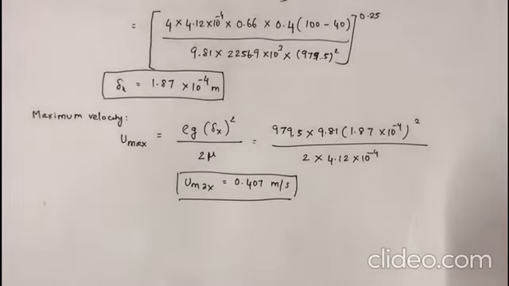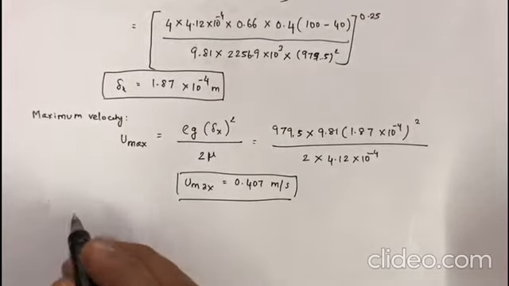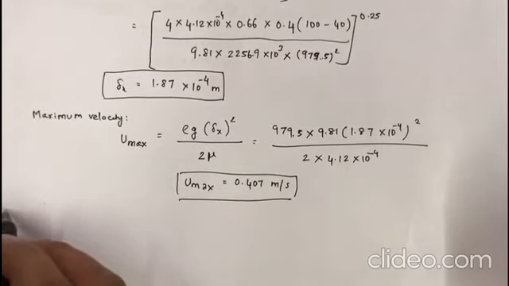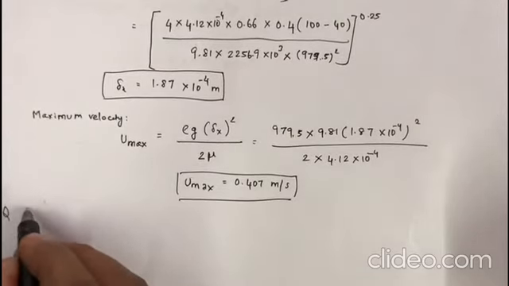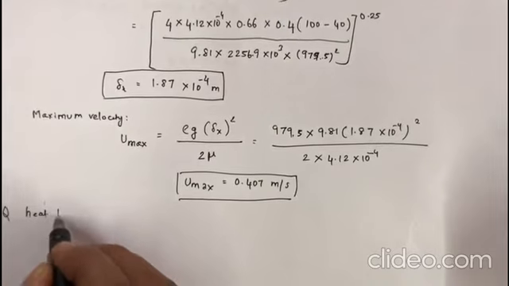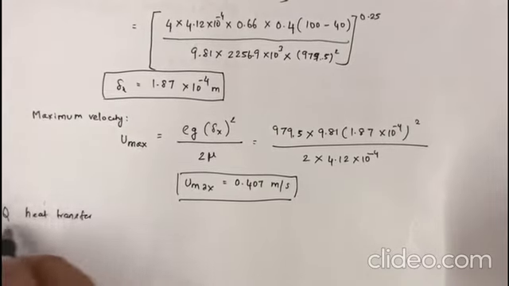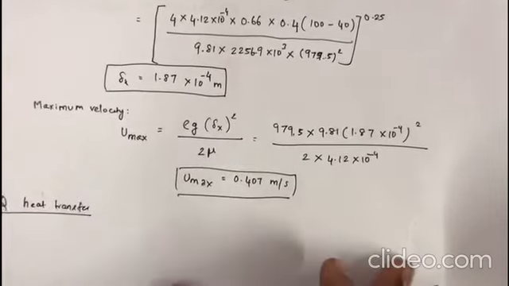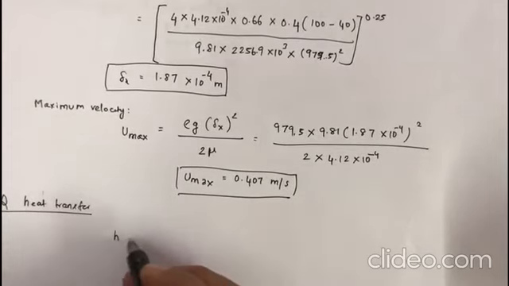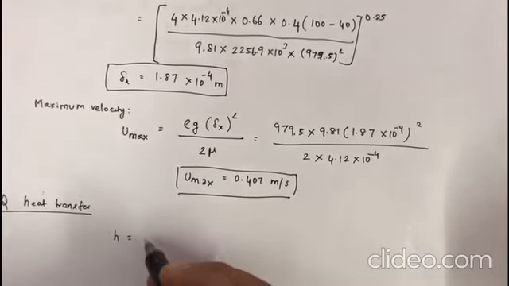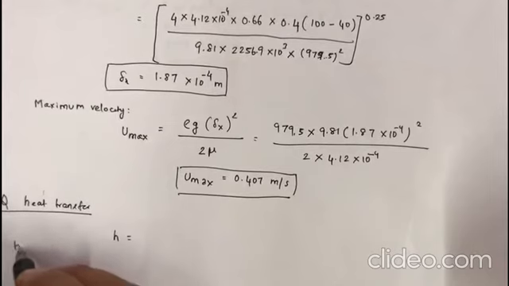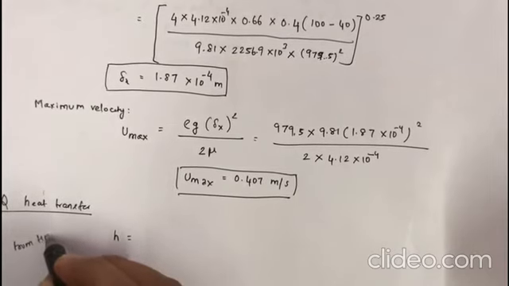Now we will move on to find out the heat transfer Q. For this you need to first find the average heat transfer coefficient h. This can be obtained from the HMT data book page number 148.